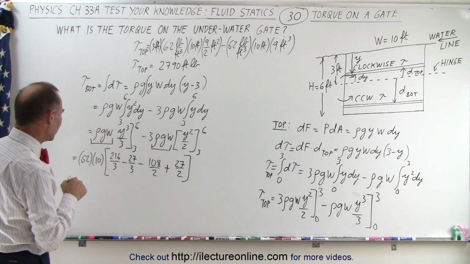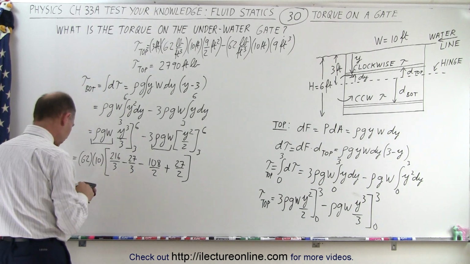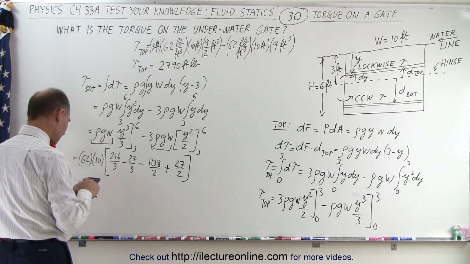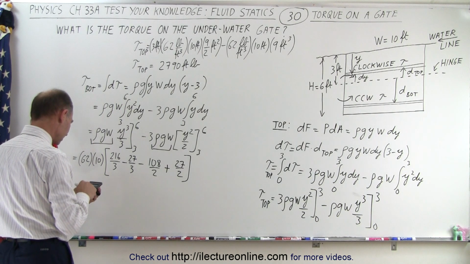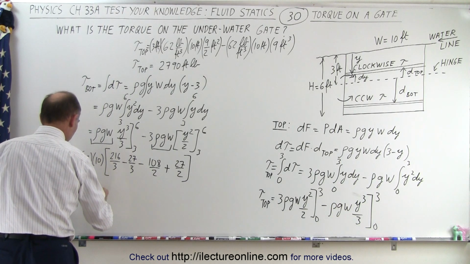Should I go ahead and simplify that a little bit? Probably can. So let's see here. We have 216 minus 27, divide by 3. That's 63. So it would be 620.